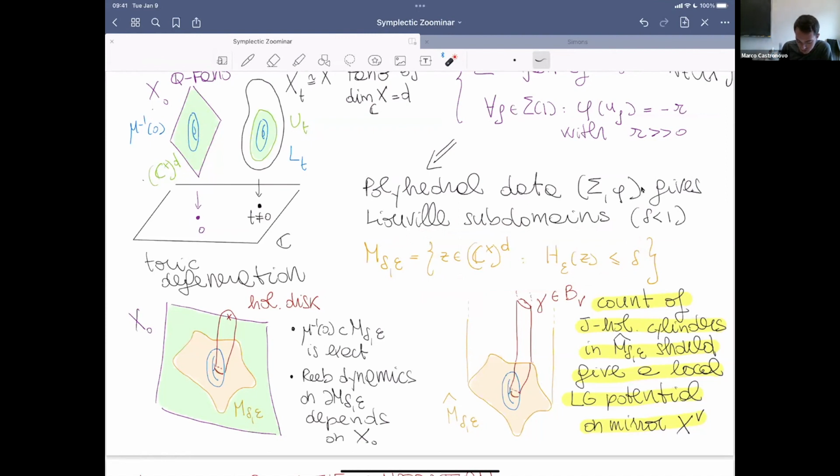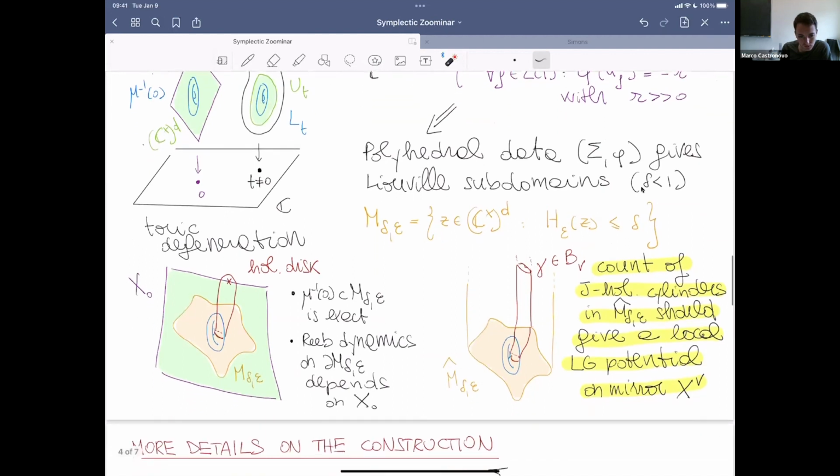And because this was the limit of a degeneration, you can flow symplectically this complex torus orbit to a symplectomorphic complex analytic set in your variety. And in particular, the moment fibers, these Lagrangian tori that live in C star D, will flow to Lagrangian tori in this Liouville domain.